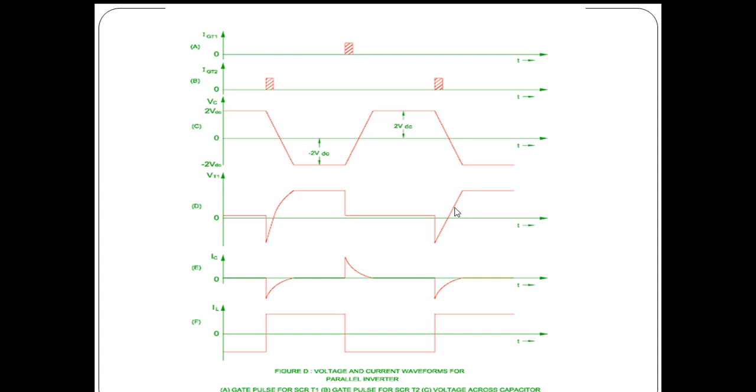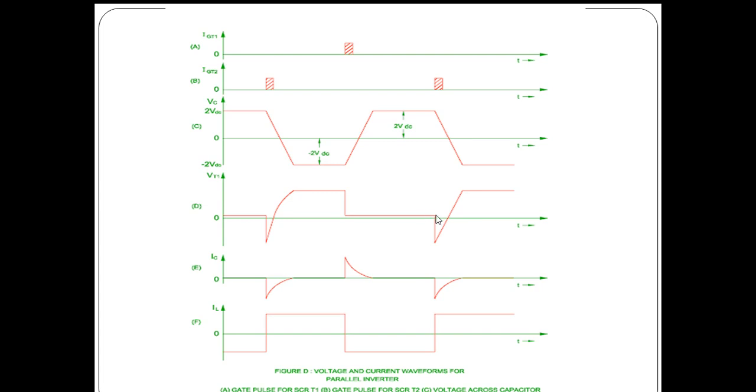The capacitor will charge from plus 2 VDC to minus 2 VDC.